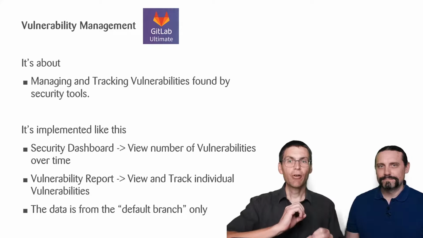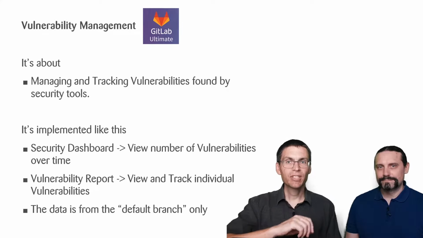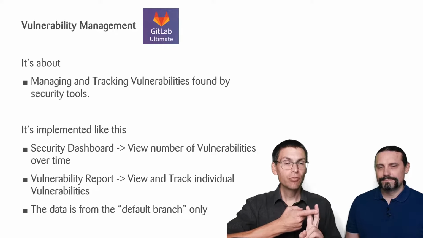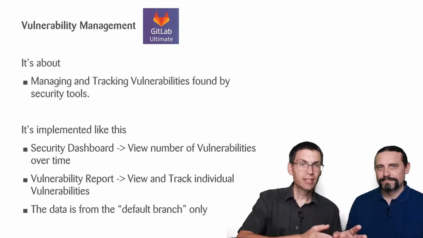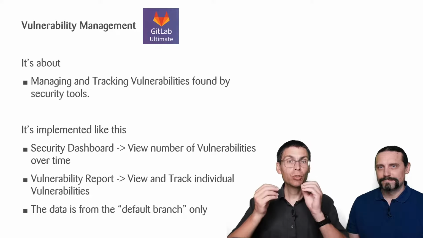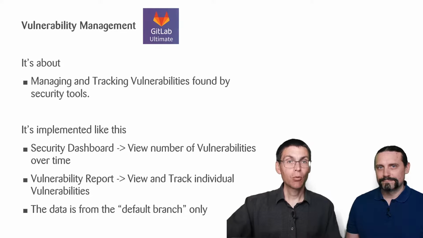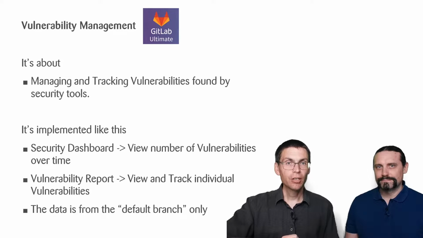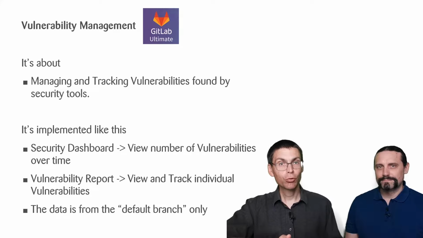In addition, we have a vulnerability report view, which allows us to view and track individual vulnerabilities from all the tools. Be aware that the data presented in the security dashboard and the vulnerability report always boil down to your default branch within GitLab. The default branch is something you can configure within GitLab for your project.